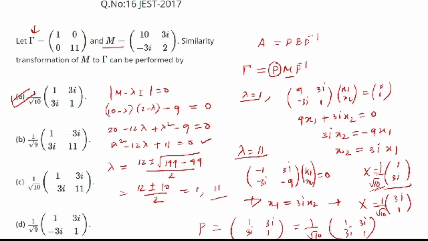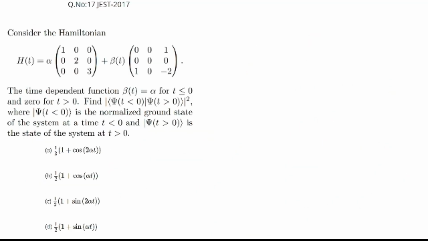Next question. Consider the Hamiltonian. The Hamiltonian is given at any time t. Then a time dependent function is also given, beta t.